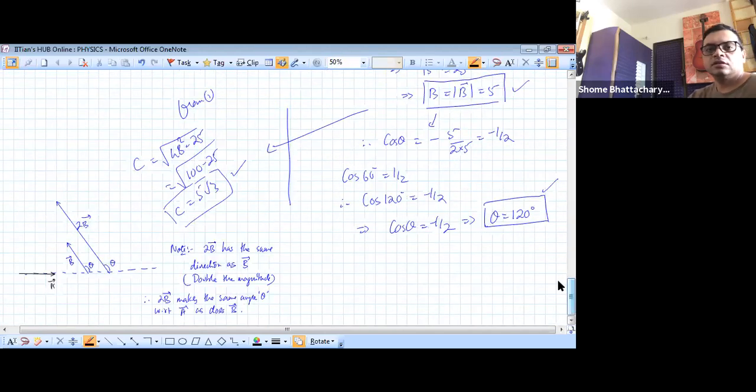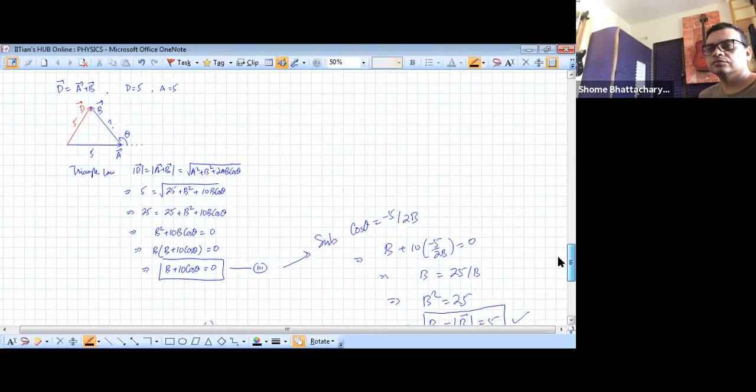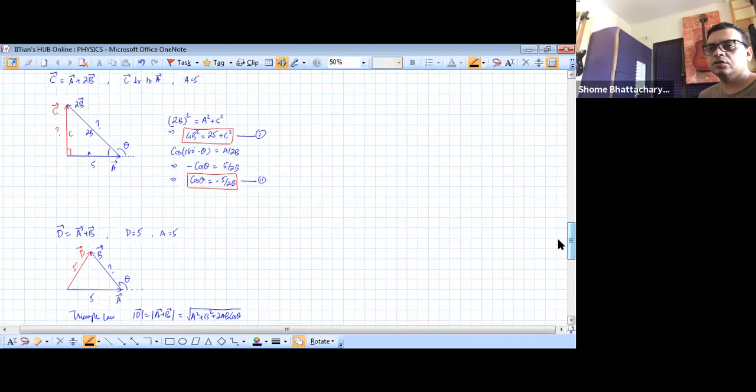Okay. Now I'll also leave you with a hint of how to do this by component algebra. You can also do this question by component algebra. So I'll just give you the hint to save time, and you can try it out yourself later. Okay, but first of all, I'm just leaving you with this once more. Just go through it in detail. Let me know if there's any doubt.